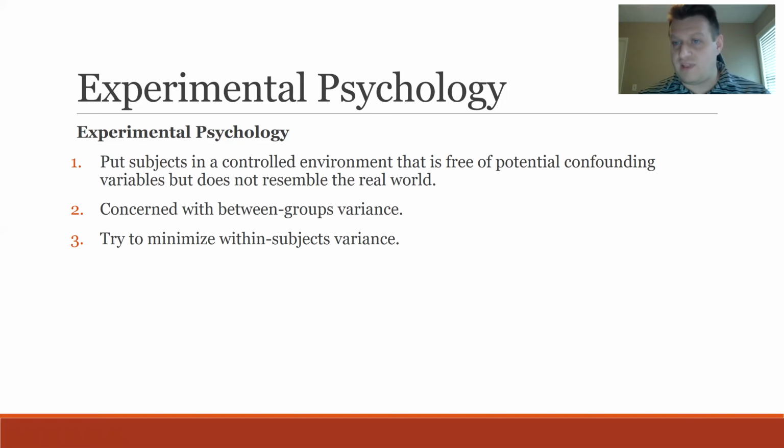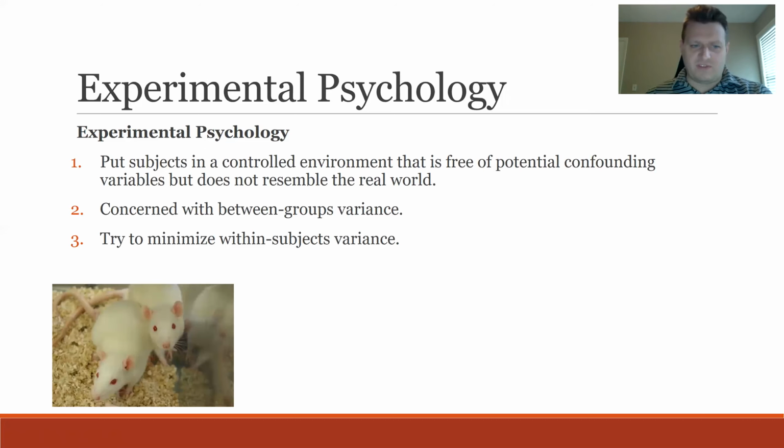We are not interested in that, because if there's a lot of variability in both of our groups, then we're unable to see if there is truly a difference between our experimental group and our control group. So we want to make sure that subjects within each group are almost identical to more easily tell that our independent variable caused a change in our dependent variable.